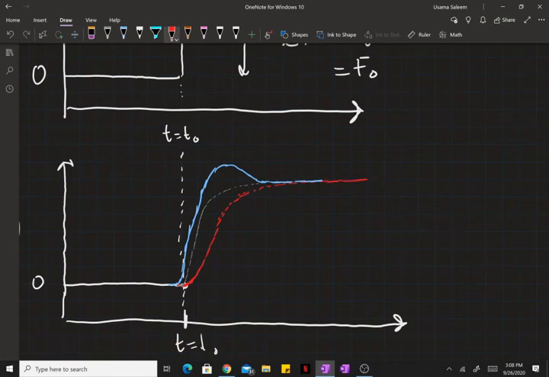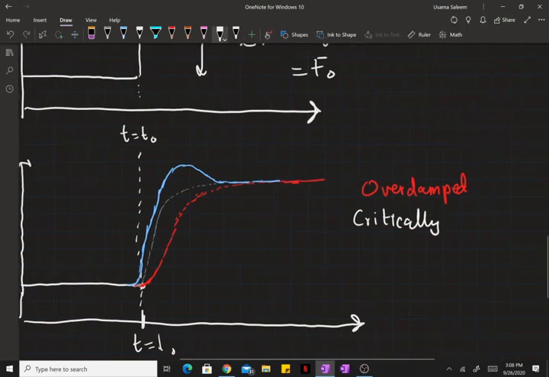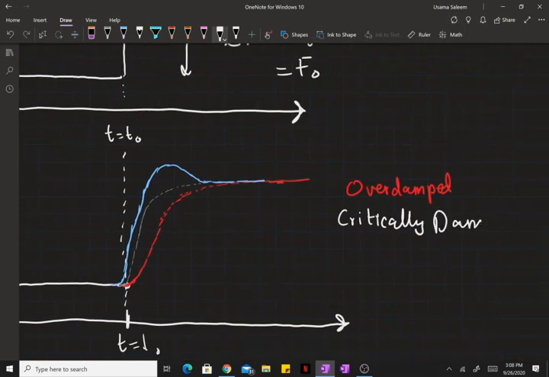Now, the response highlighted in red is known as overdamped response. The response in gray is critically damped. And the response in blue is underdamped.